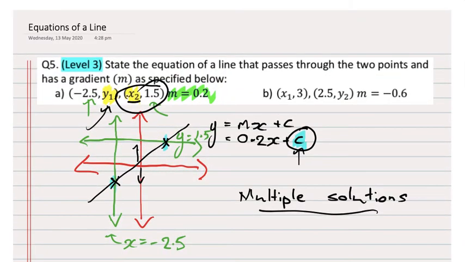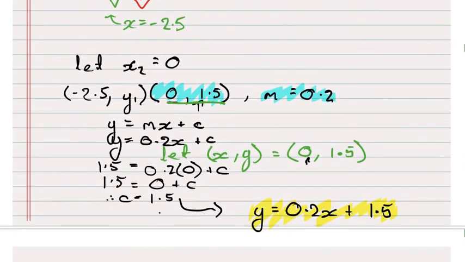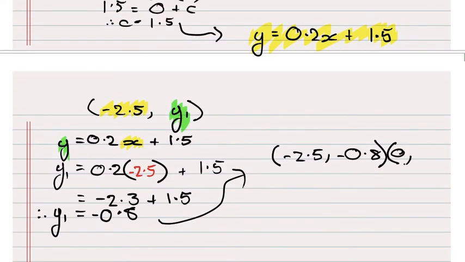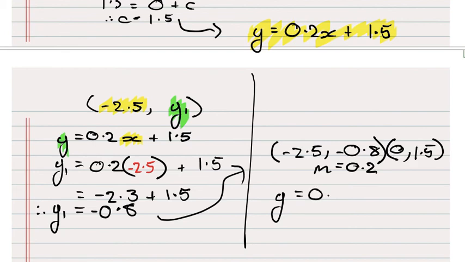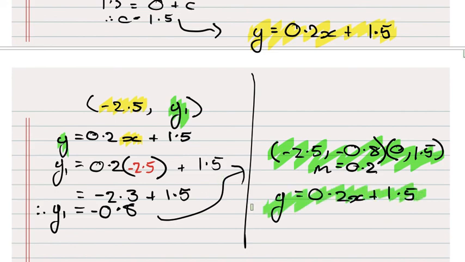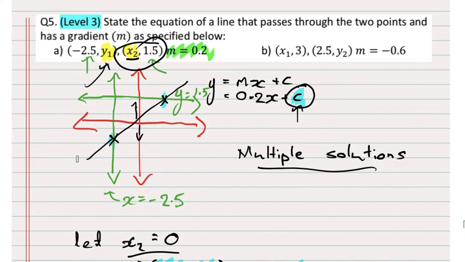Going up, what were our other coordinates? x2, we set x2 to 0, so we'll go 0 and 1.5 with a gradient of 0.2, which creates an equation which is 0.2x plus 1.5. So it's quite a long solution, but it is a solution, or one of infinite solutions, to this particular problem here in part A.